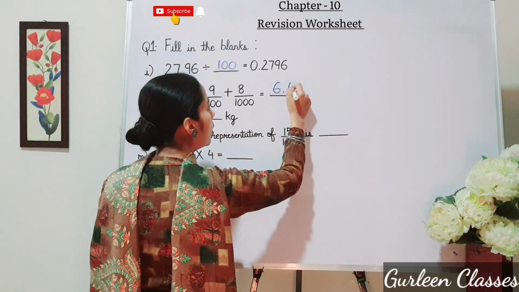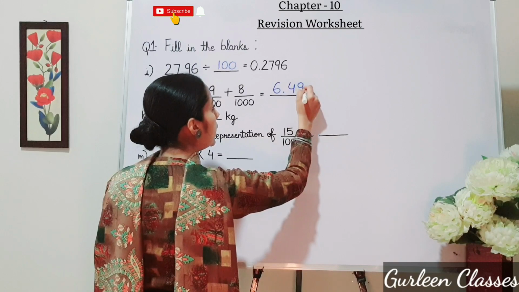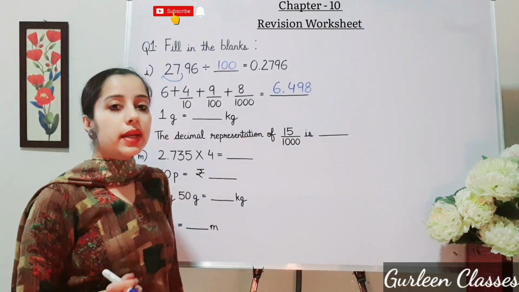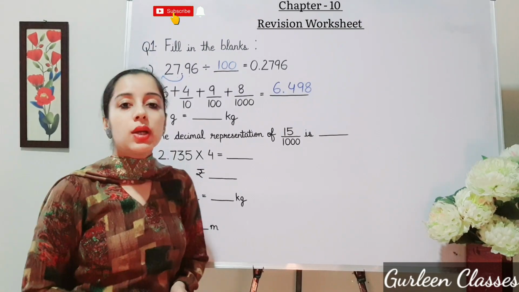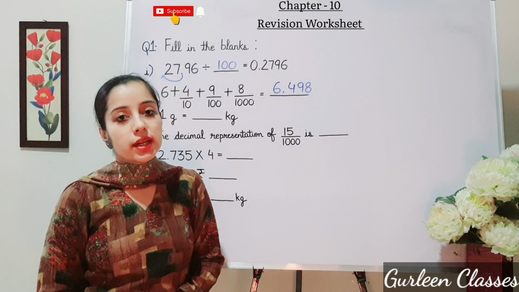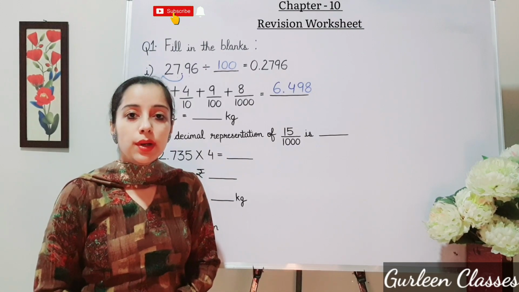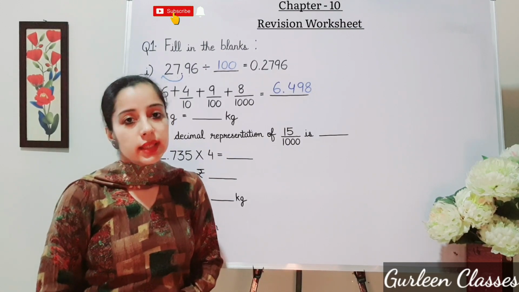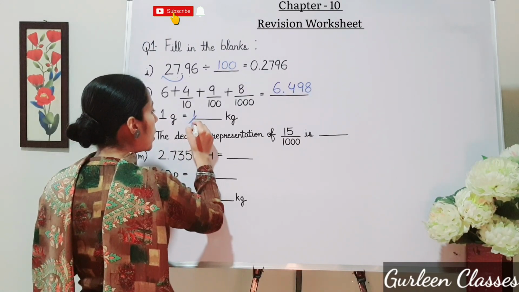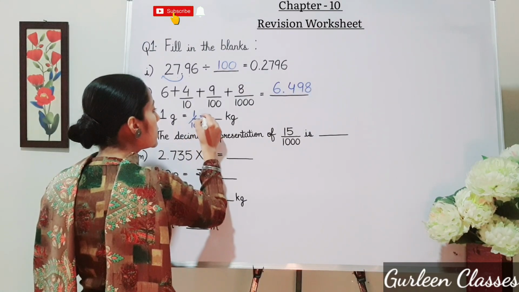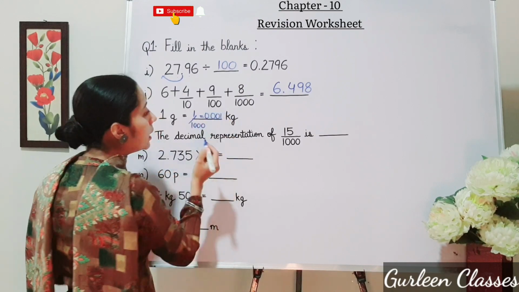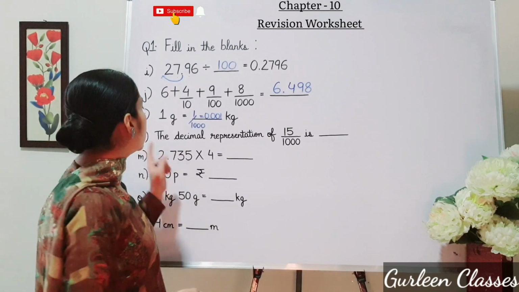So it will be 498. 6.498. Next, 1 gram is equal to how many kg? 1 kg is equal to 1000 gram. So 1 gram is equal to 1 upon 1000 kg. So right here 1 upon 1000 kg and in decimals it will be 0.001 kg.